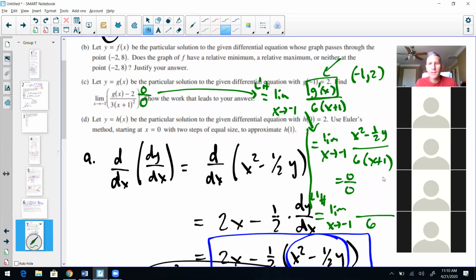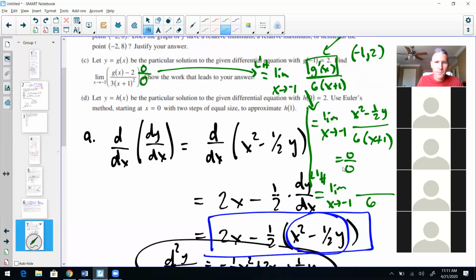Bam. Because up here it was 6x plus 6, so the derivative of that is just going to be 6. Now for the numerator, it's going to be the derivative of this thing. But guess what? They had you do that already in part A, didn't they? So it's this that I have in my blue box.